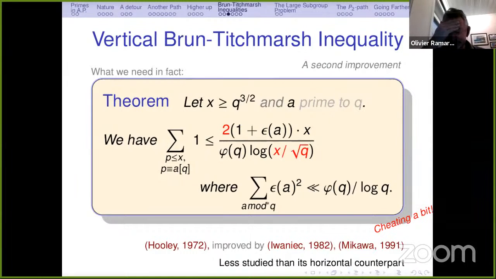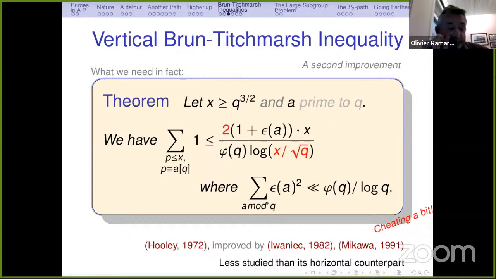Okay, and then I was in IMSc 2 years ago, I think, and we were talking about this problem with Priyamvad and Balu, and finally we got the idea that since we are looking at sets of densities, we don't really need an individual upper bound for Brun-Titchmarsh, but an upper bound almost everywhere.